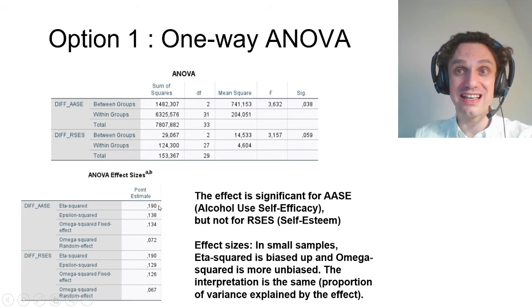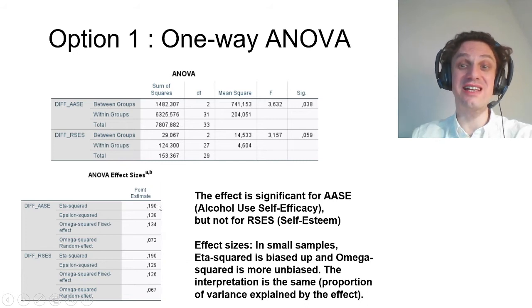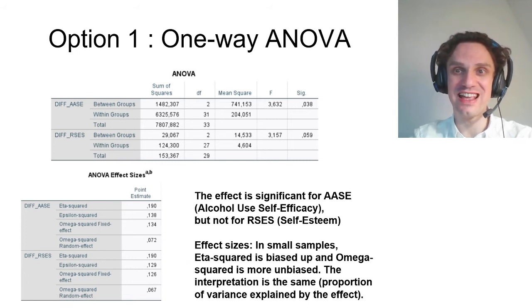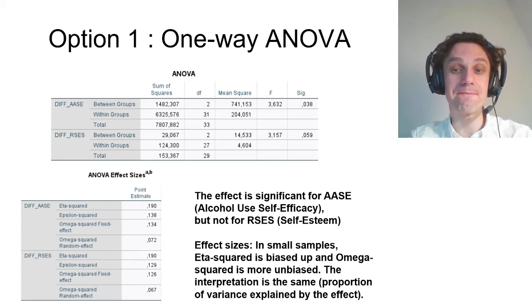Eta squared kind of assumes that your sample is your general population. And in small samples, the variance can be underestimated. So eta squared, as a result, can overestimate the size of your true effect compared to general population.